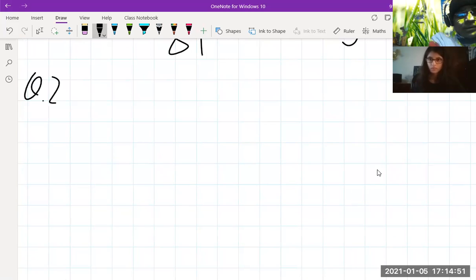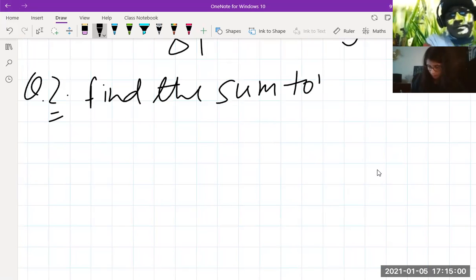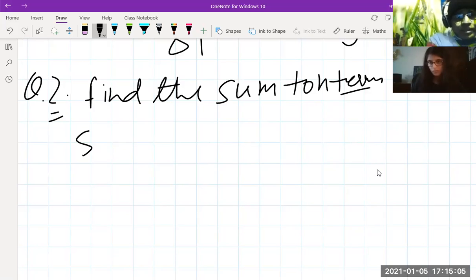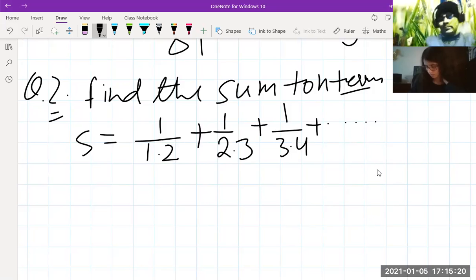Question 2 is find the sum to n terms where S equals 1 upon 1 into 2 plus 1 upon 2 into 3 plus 1 upon 3 into 4 and so on, up to n terms.